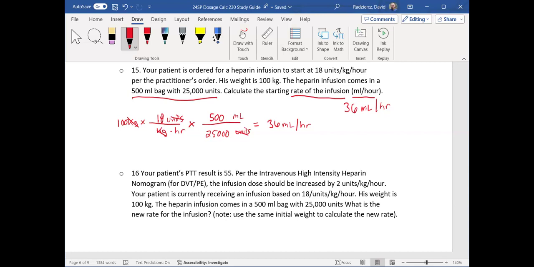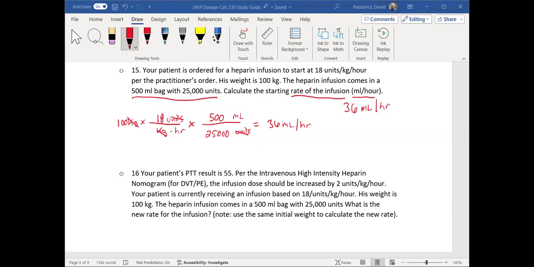What would be the new number? Good. Yeah, 20. So we're increasing the flow at this point, and we've stepped it up by 2 units per kilogram per hour. So instead of multiplying the 100 kilograms by 18, now we're going to be multiplying the 100 kilograms by 20.